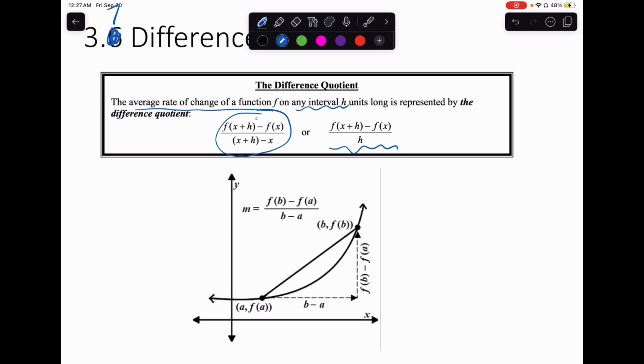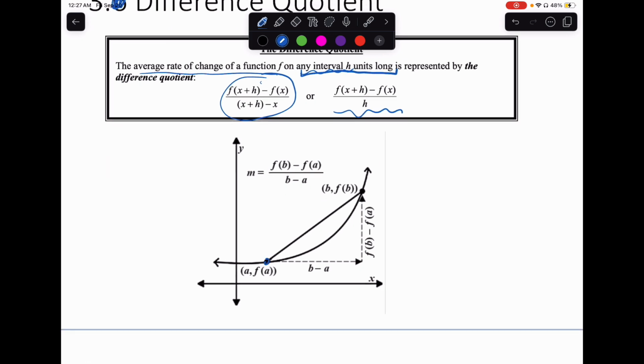So I kind of want to talk about what it means when it says any interval h units long. All right, so let's say we had 2 points. Ignore all the points given on this graph, right? We just have 2 points. And the first point, we know, starts at x.